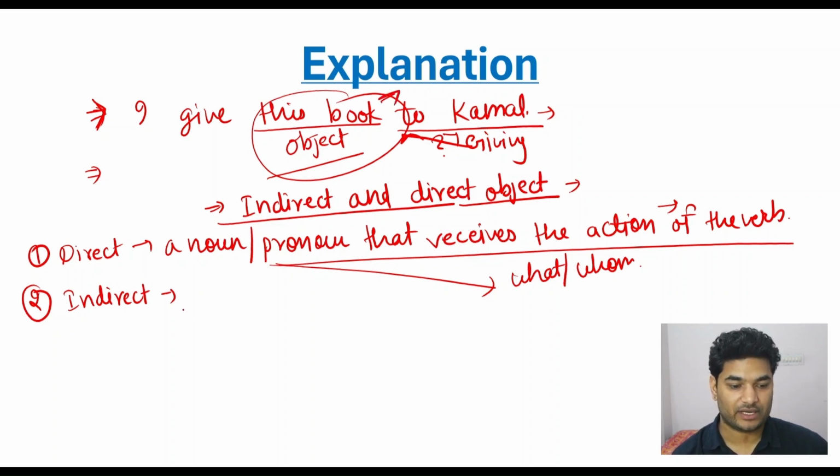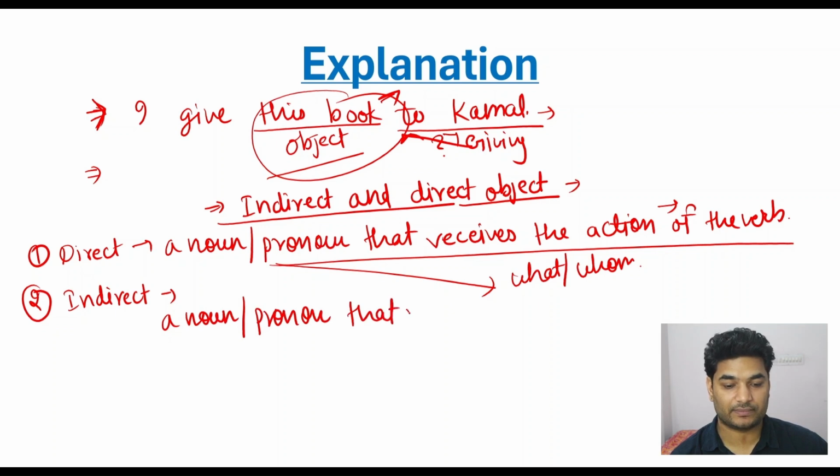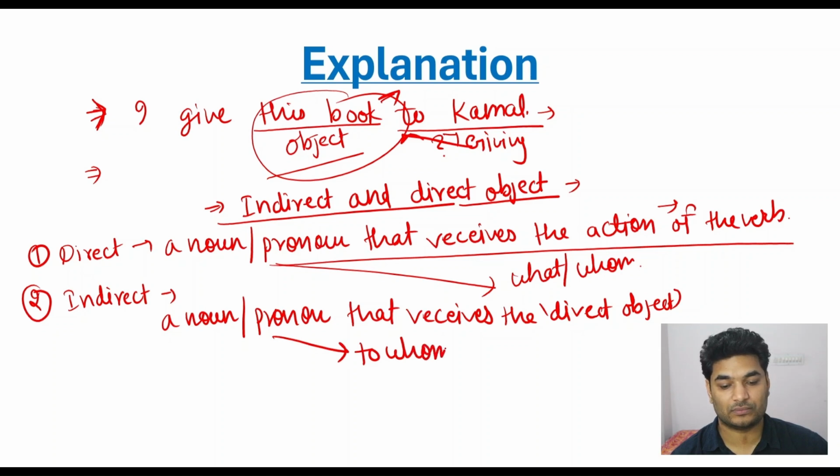All right. Indirect object is a noun or pronoun that receives the direct object, and it answers to whom or for whom. So to whom is she giving the book? She is giving the book to Kamal. So Kamal is the indirect object here, right?